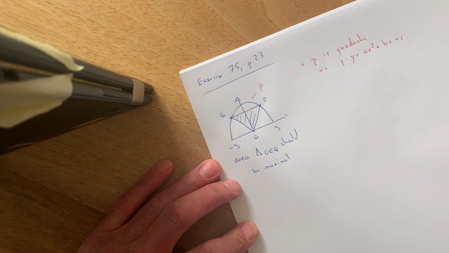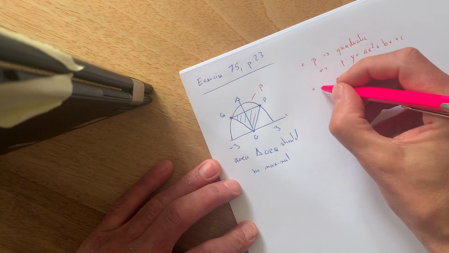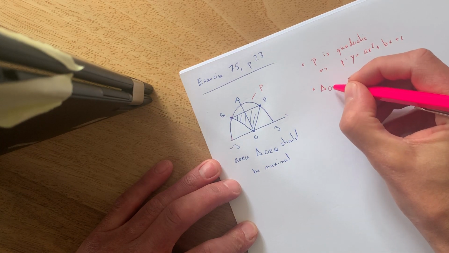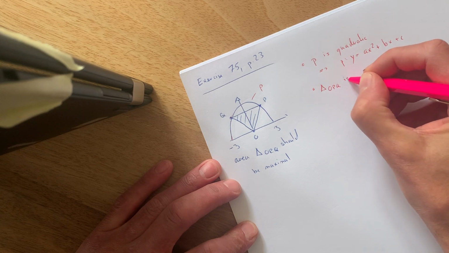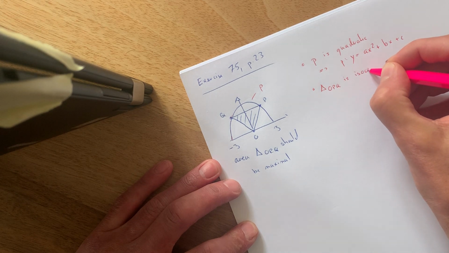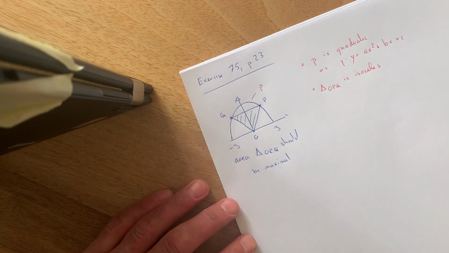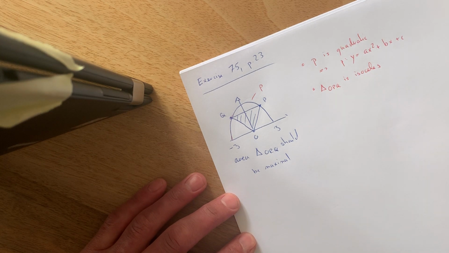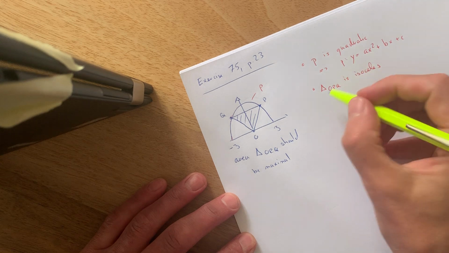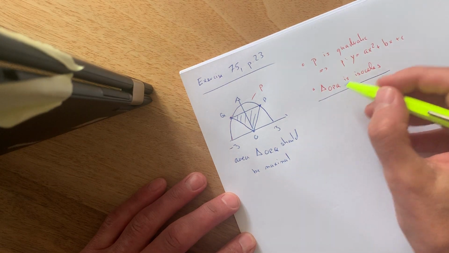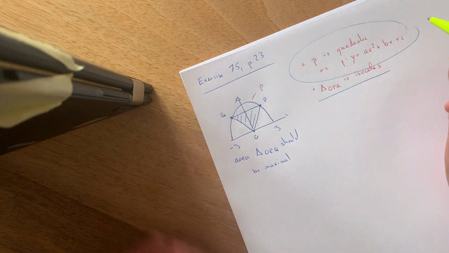The second important thing we know is that the triangle OPQ is isosceles. So these are the two things we know. And we will use this later. We will start with this part here. And why are we going to start with this?